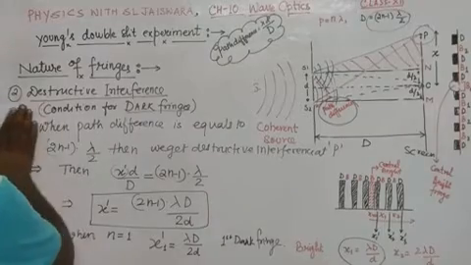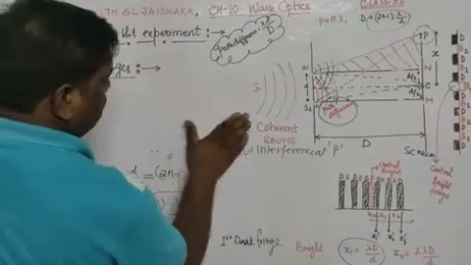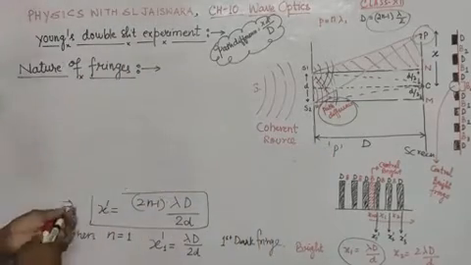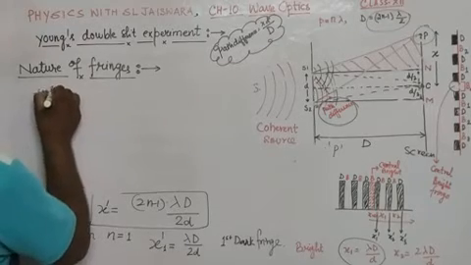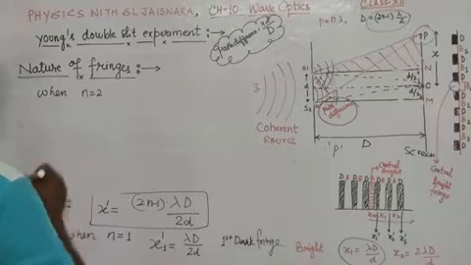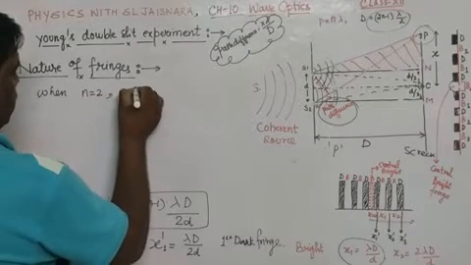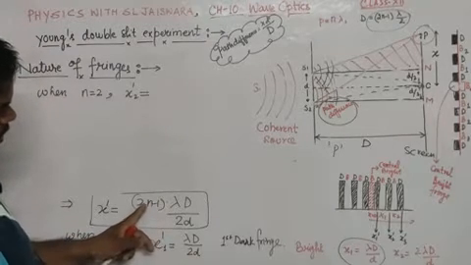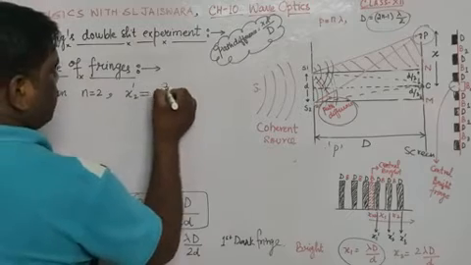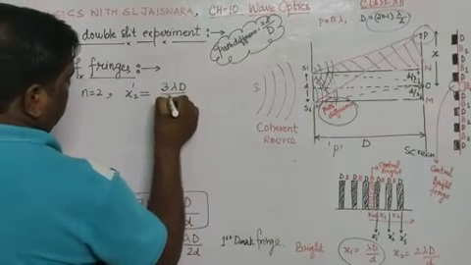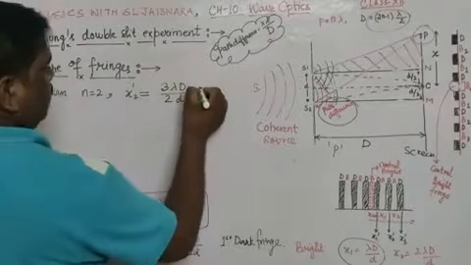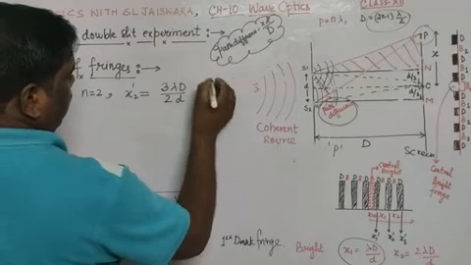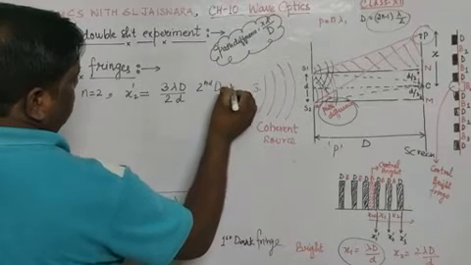Similarly, for the second dark fringe, when n is equal to 2, x dash 2 is equal to (2 into 2, 4, minus 1) 3, so 3 lambda capital D upon 2 small d. This is the position of the second dark fringe.